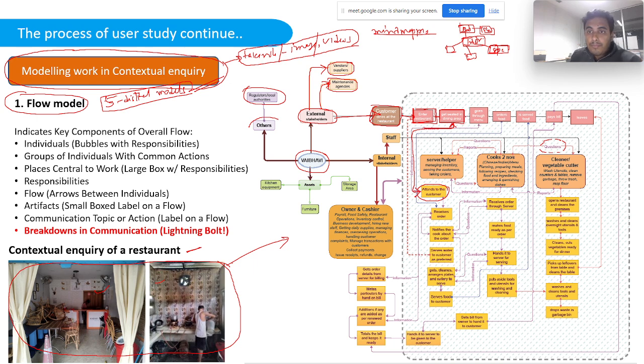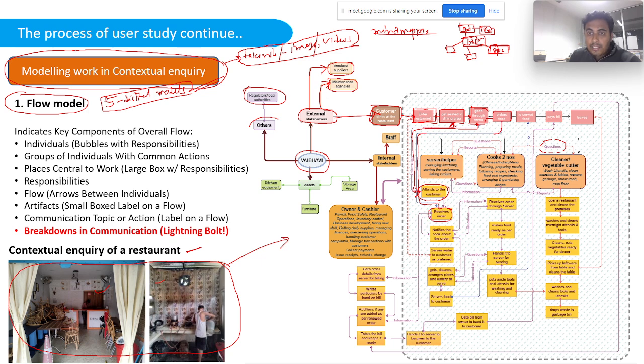Okay, then the customer goes through the menu. Here also, if you see, you have the line from the attender of the customer who can guide the customer about the menu. Okay, then the customer orders food, which is again bidirectional. See, this way he is giving the order to the one who receives the order.